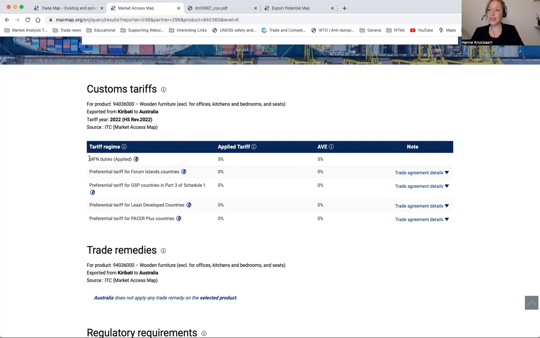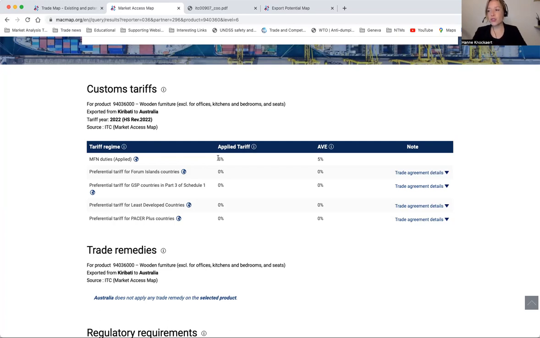So if Australia says that they are levying 5% tariff on wooden furniture as an MFN duty, that means that the whole world will pay 5% import duties on this wooden furniture.